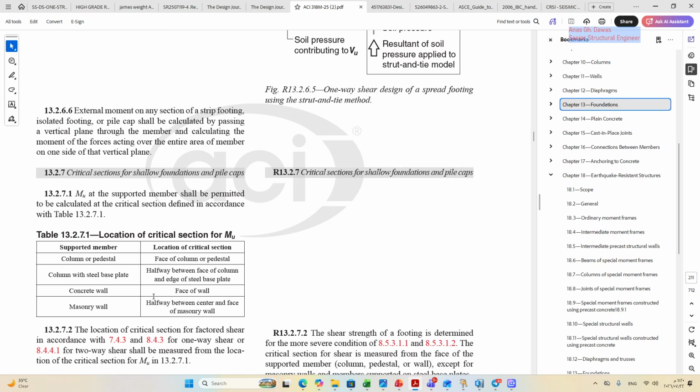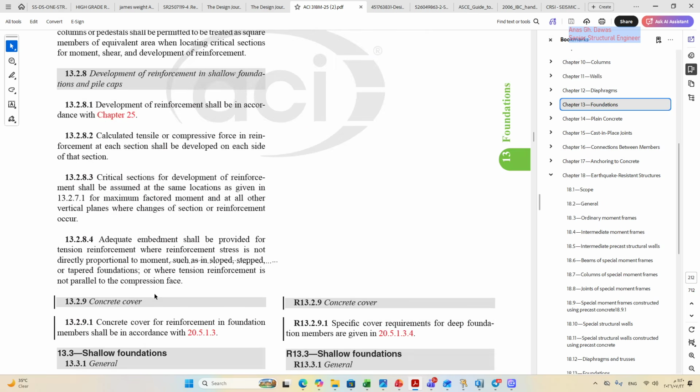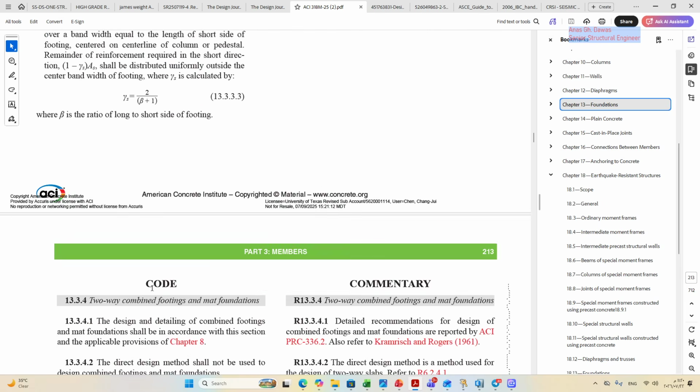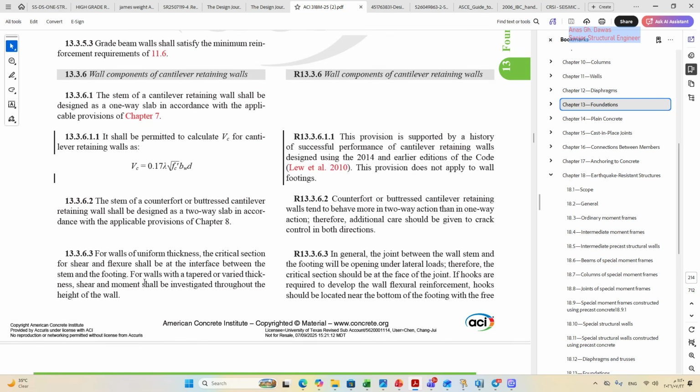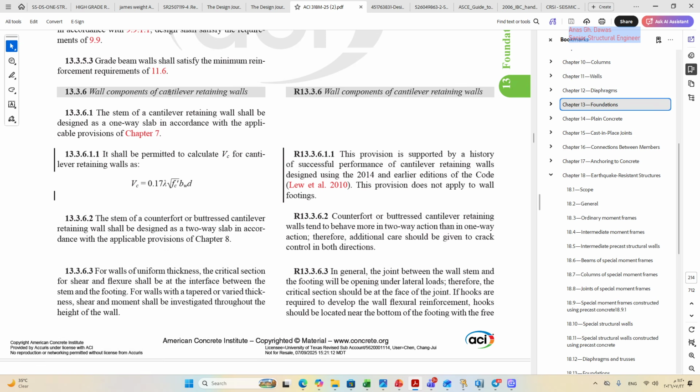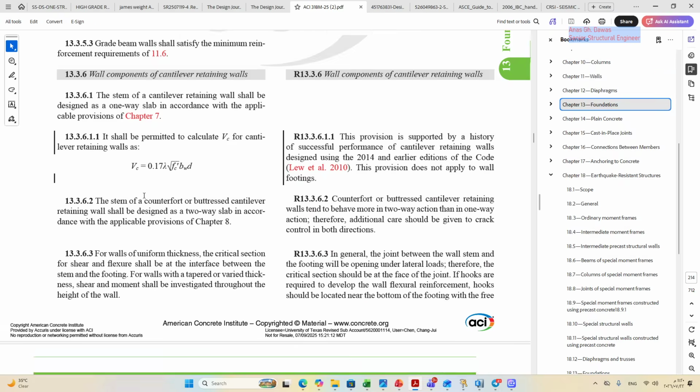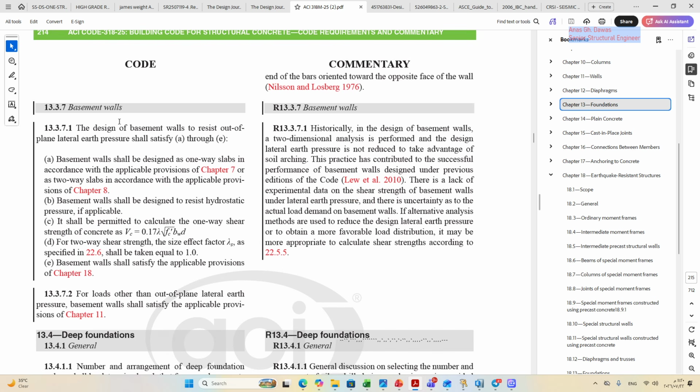Also, the same thing for the piles. I will show you here also. For the retaining walls also, you can use this equation. This equation, in fact, shall be used for the in-plane shear, but for out-of-plane shear, yes, for the basement walls, as you can see, it shall be permitted to calculate the one-way shear strength of concrete using this.